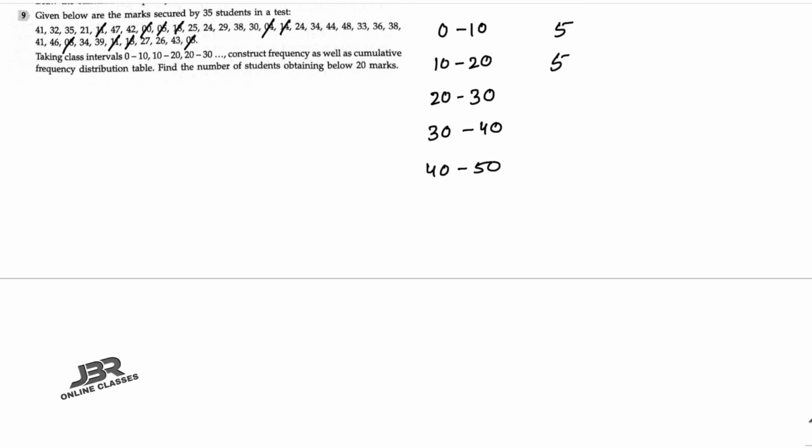Now 20 to 30. So 21, 25, 24, 29, 24, 27, 26. Okay, that means total 7.